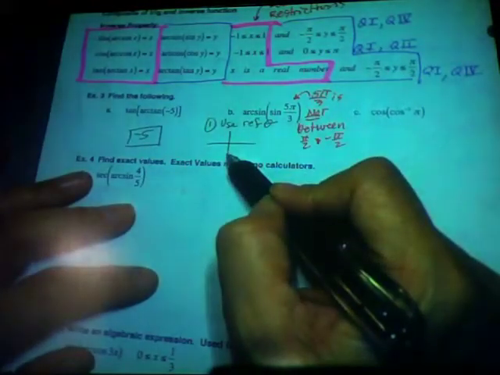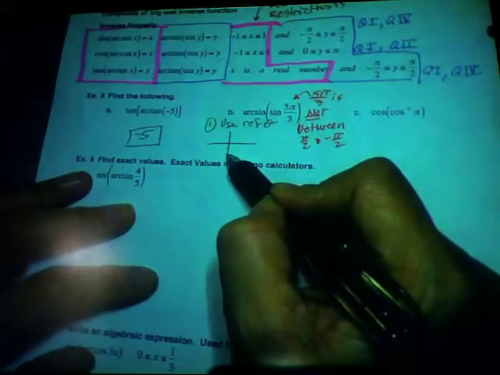So we're going to find a reference angle. So where is 5 pi over 3 normally? Here's 3 pi over 3. Oh, I'm sorry, this is 3 pi over 2.